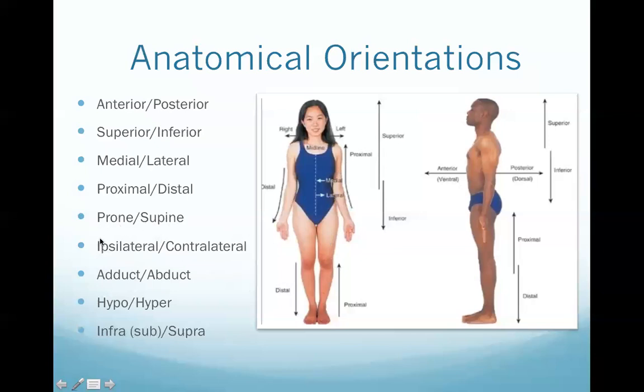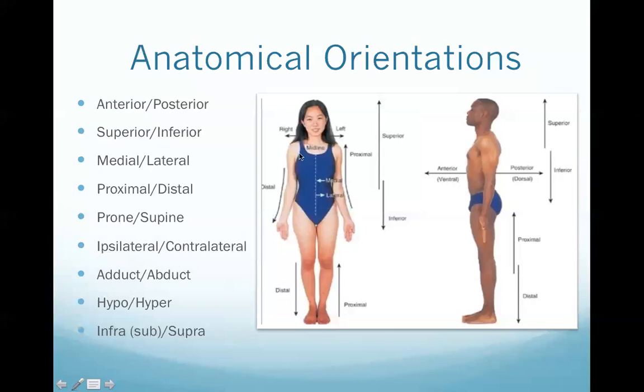These next two terms are once again relational terms, structures related to one another. Ipsilateral means the same side. So if I say my right arm is ipsilateral to my right leg, it means they're on the same side. Ipsi means same and lateral means side. Contralateral means to the opposite side.